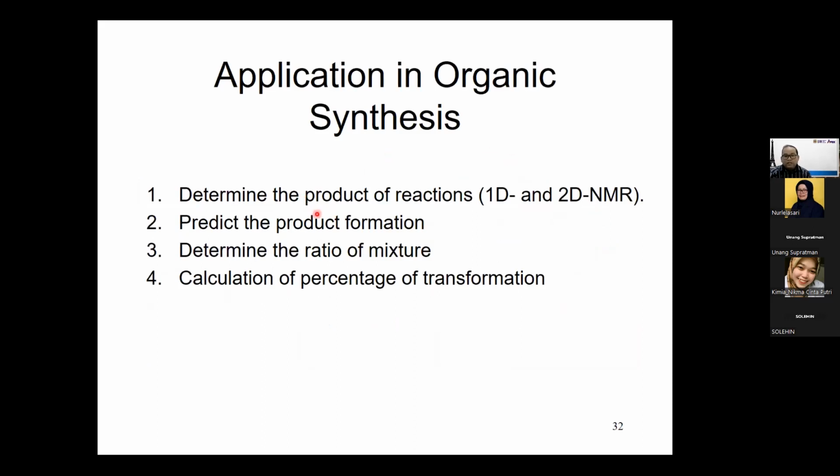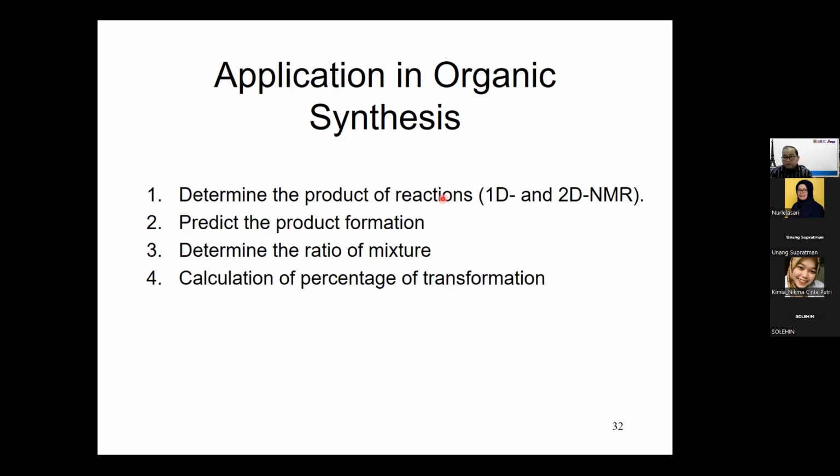Okay, we can use, for example, 1D and 2D NMR to determine the products and assign the skeleton of the compound. This is the common one. We do reactions in organic chemistry in one vessel, and after that isolate and so on.